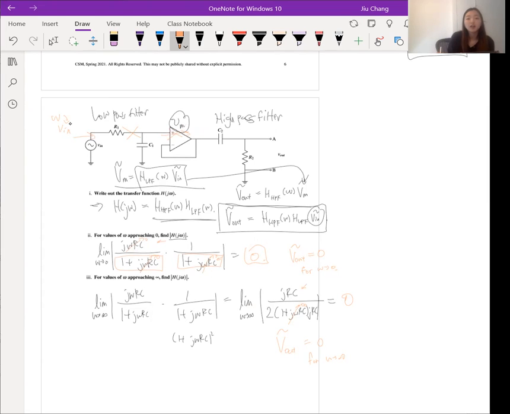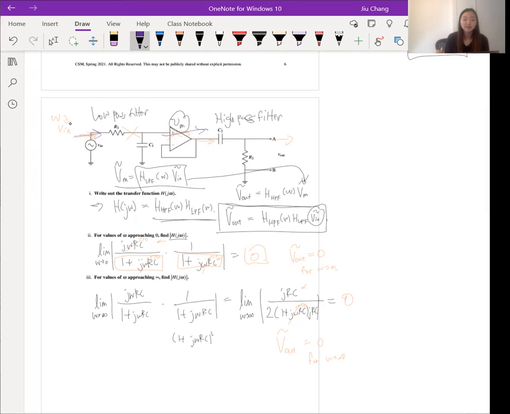But if we have a 0 input voltage for our high pass filter, we will of course have a 0 output voltage for our high pass filter, thus the whole cascaded filter. And if we have a high frequency omega coming into our low pass filter, it will go through the low pass filter. Okay, I messed it up, but you get the point.